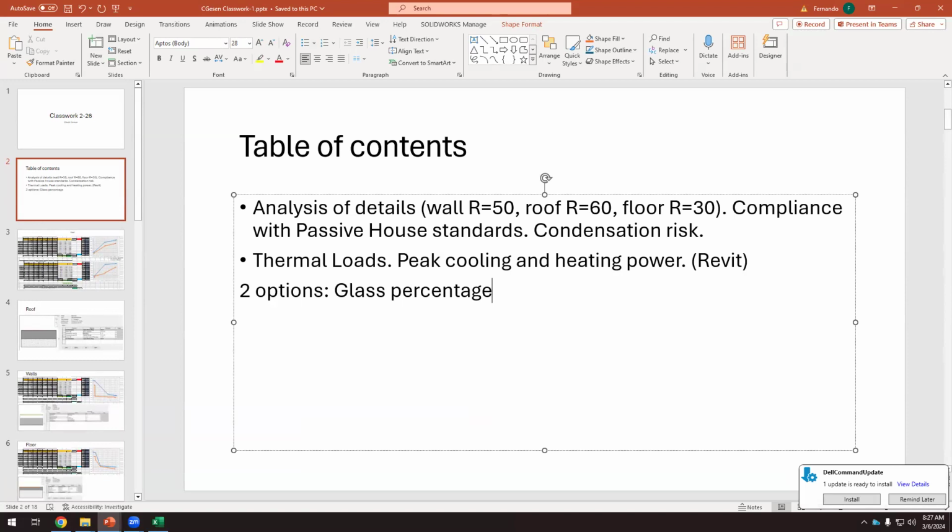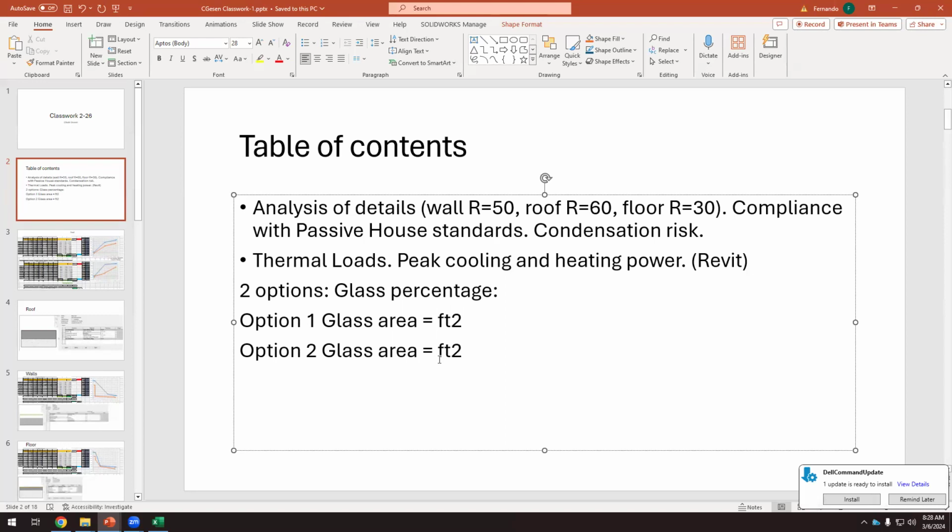In option 1, the glass area was, I don't know, how many square feet? And in option 2, the glass area was less. Okay, so you have to write it down: the glass area of option 1, the glass area of option 2.